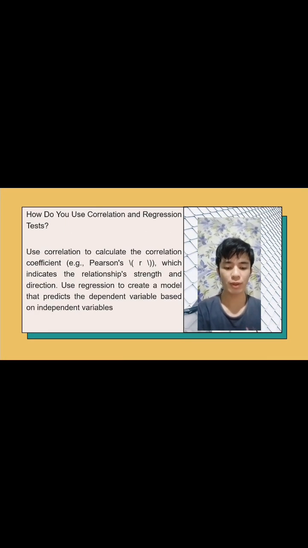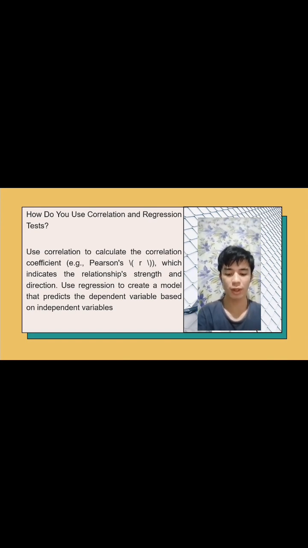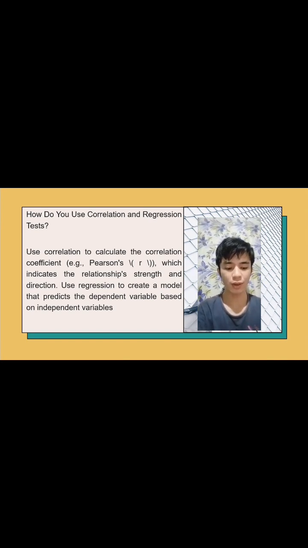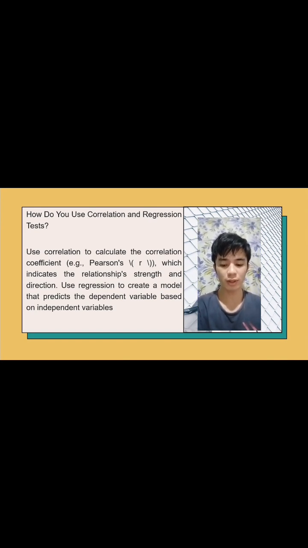How do you use the correlation and regression tests? Use correlation to calculate the correlation coefficient, Pearson's r, which indicates the relationship's strength and direction. Use regression to create a model that predicts the dependent variable based on the independent variables.